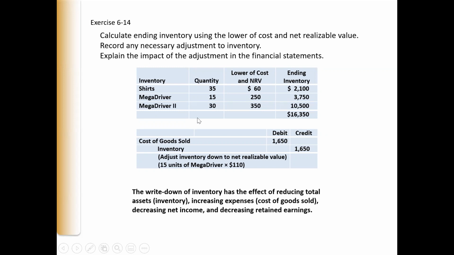The way we need to adjust it is write down the Mega Driver the difference between the cost and the net realizable value. We need to debit cost of goods sold and reduce our inventory. And how does this affect us? The write down of inventory basically reduces our assets and also reduces our net income, right? Decreasing net income and decreasing retained earnings.